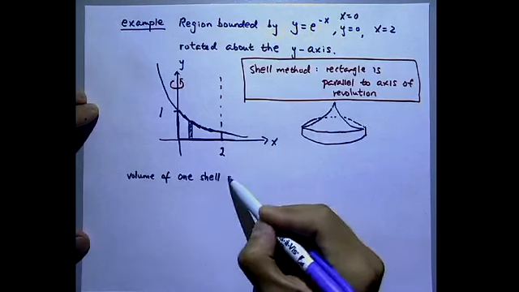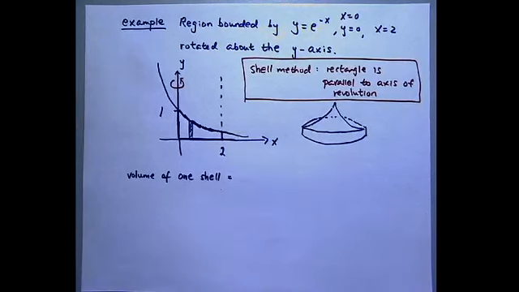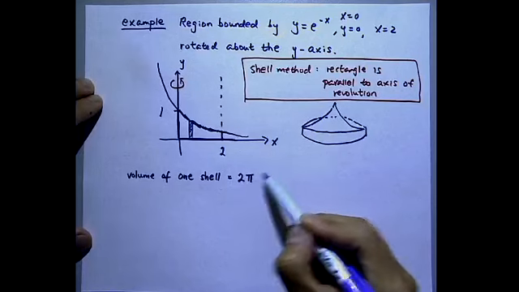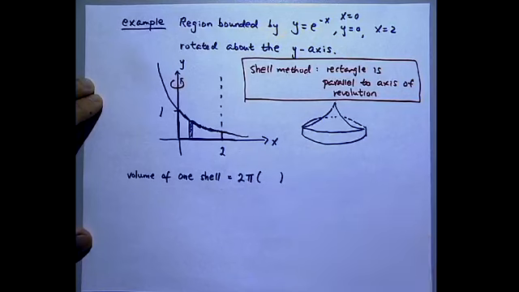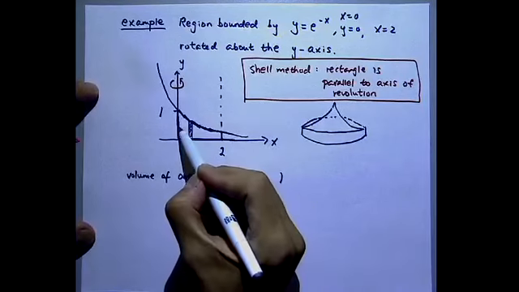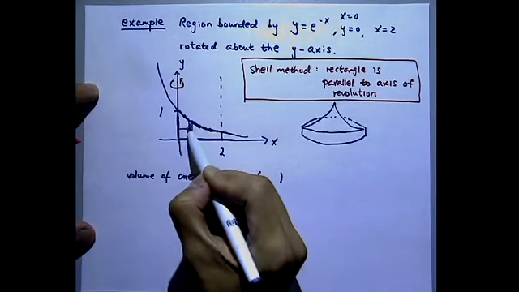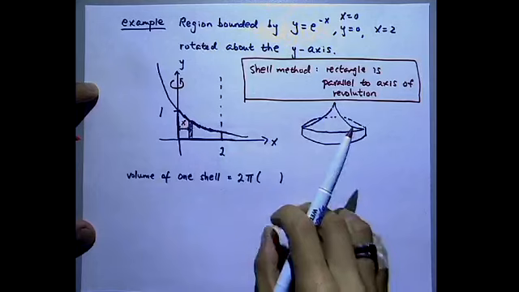Volume of one shell. Formula on the last page. 2 pi radius, height, and then thickness. One step at a time. 2 pi. Radius. What's the radius? Good. Measure from revolution axis to your rectangle. From here to here, that's x.